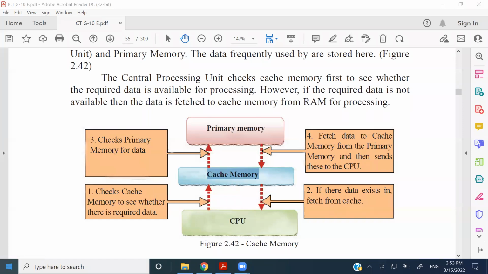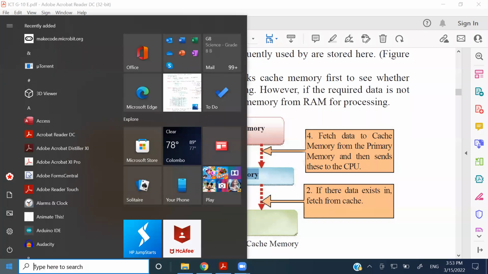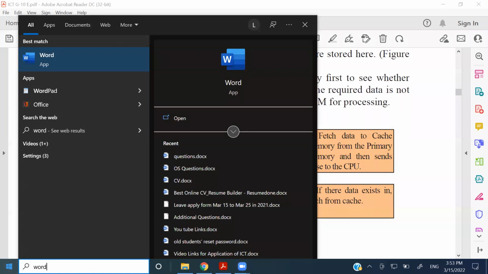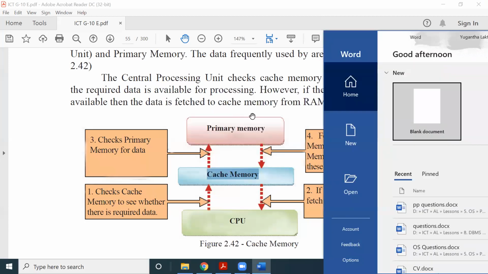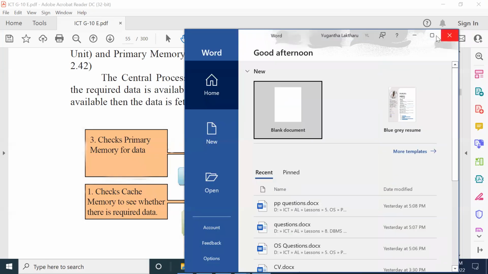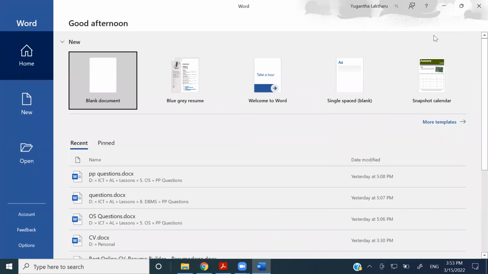So now I'm going to start a program. I'll start the Word and you may count the seconds that the Word takes to start for the first time, right? So I'm clicking on the Word now. So let's count 1 second, 2 seconds. Yeah, within 2 seconds, it is started, right?